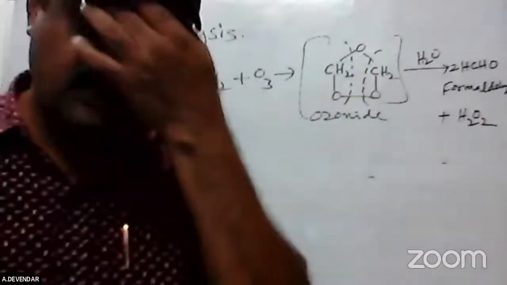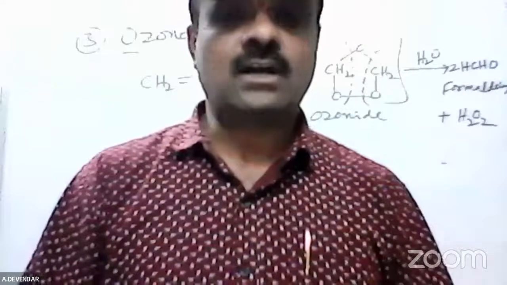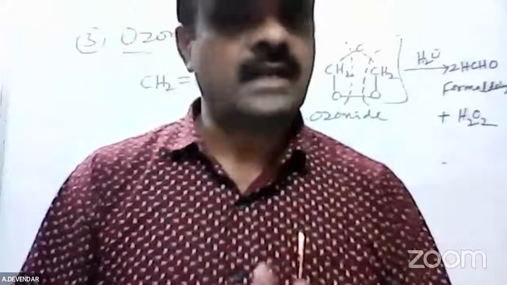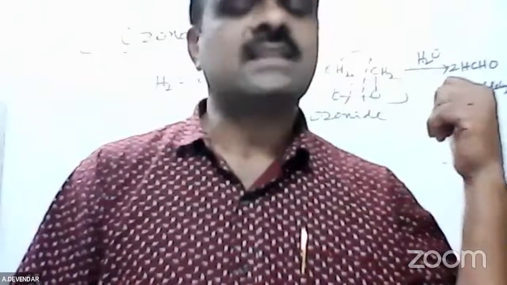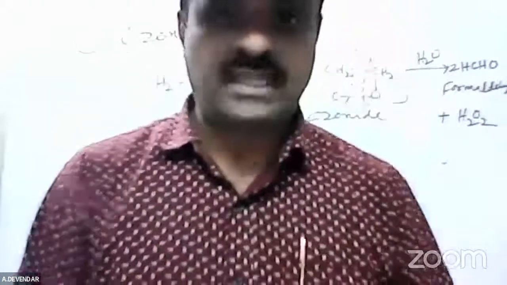So in the examination, if it asks what ozonolysis is, it is nothing but when unsaturated hydrocarbons are reacted with ozone, forming ethylene ozonide or alkene ozonide. If ethene is taken, ethylene ozonide. Ethylene ozonides are unstable and explosive in nature.